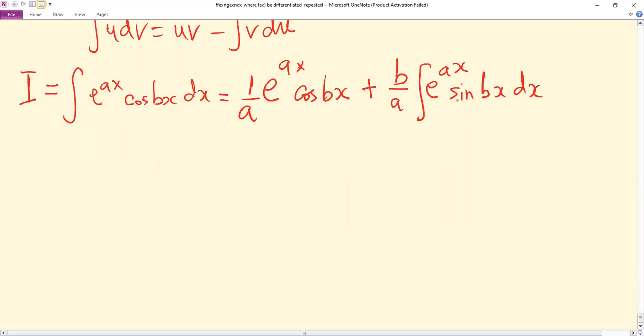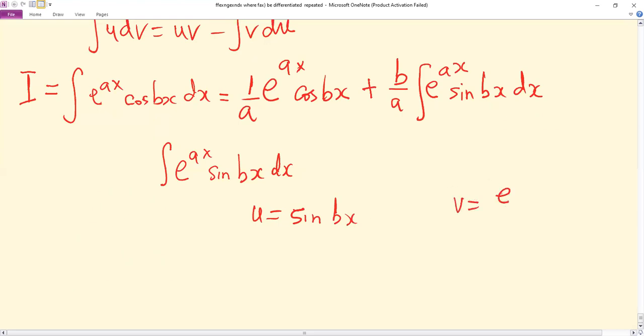Now we have this part also, the integral of e raised power ax sine of bx dx. So what we do, we also use integration by parts. Let u be sine of bx, and let dv be e raised power ax dx.